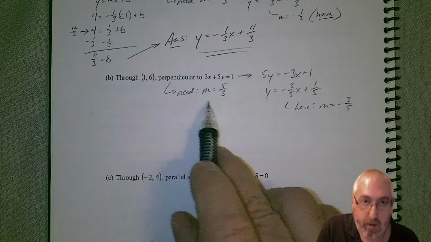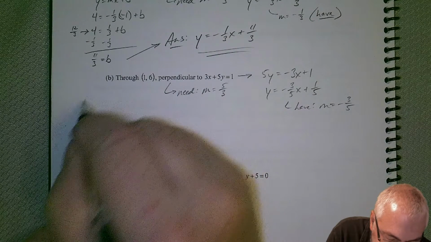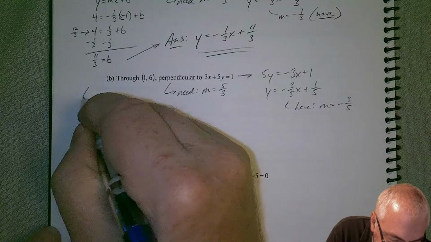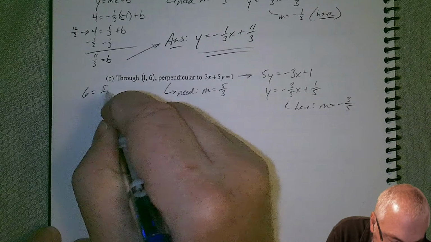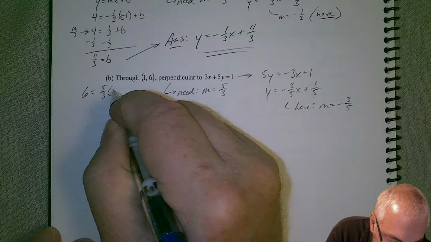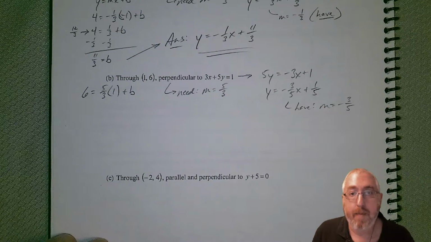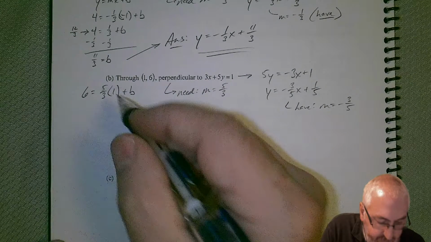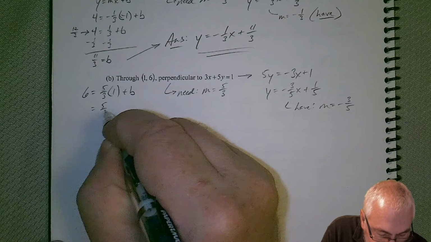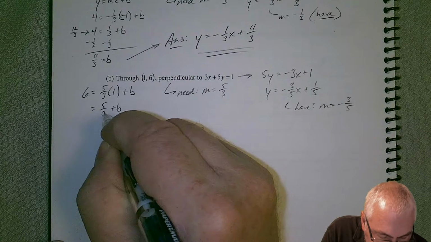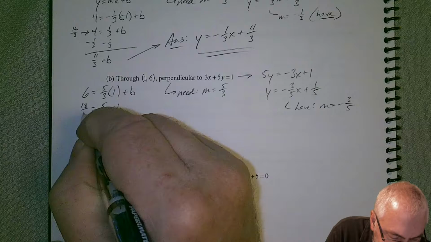So now we can use our 2 bits of information. Let's just jump right into plugging them in. So 6 is our y, m is 5/3, x is 1, and then we have our b. And so now we can simplify this. Since this is going to be in thirds, might as well change the 16 into thirds, so that's going to be 18/3.